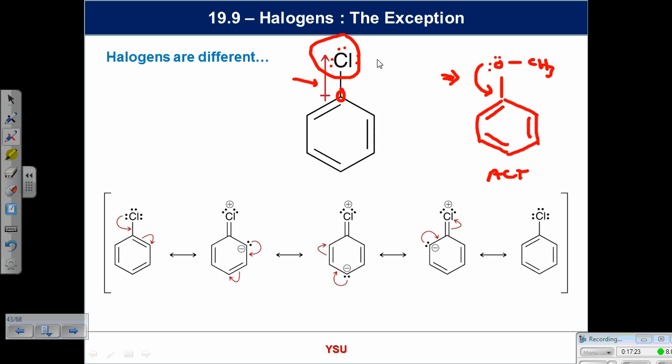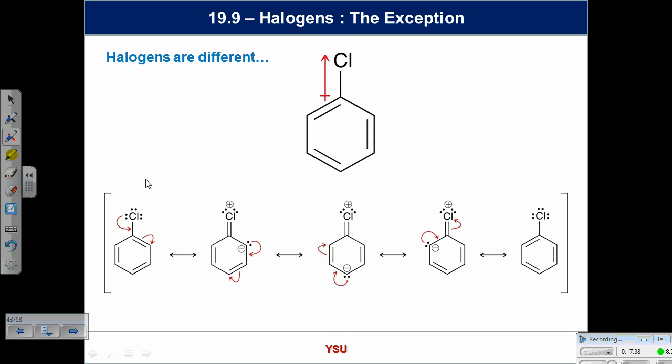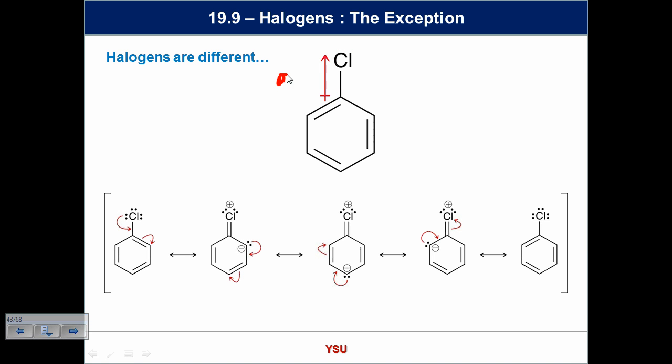So it turns out this type of donation into the cycle isn't going to happen at that stage because they're not big enough. The chlorine is too big. It's just not going to overlap very well with the carbon next to it. So the deactivation here is about the fact that the sigma bond kind of wins. Or pulling electron density away from the benzene ring through the single bond wins.